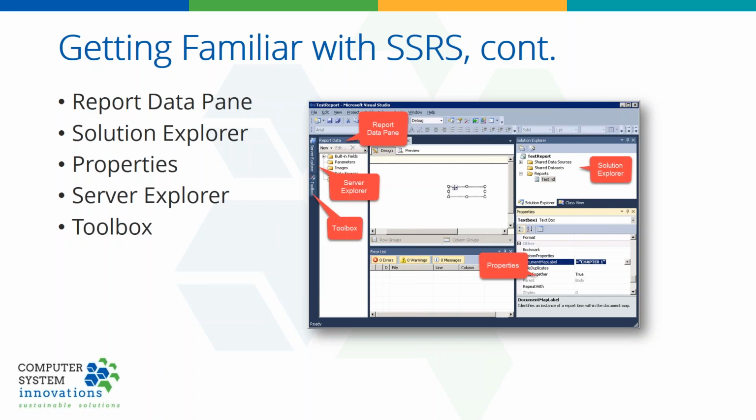But one good thing to note about SSRS, for properties and for other things, there are several ways to skin that cat. You can also right click on your data to format it, or there's a toolbar up in the top ribbon that you can use to format it. So if you're not finding something there, there's a chance that it's also somewhere else that it might be easier for you to track down.